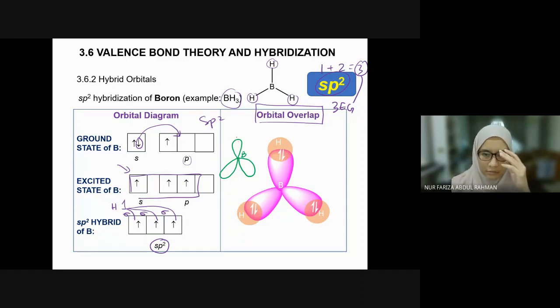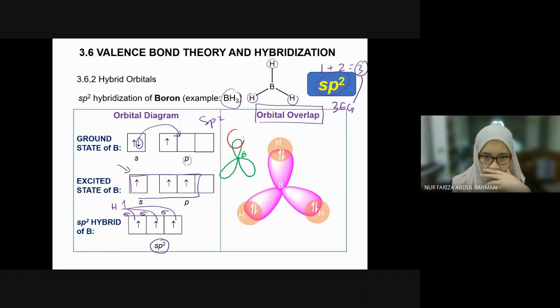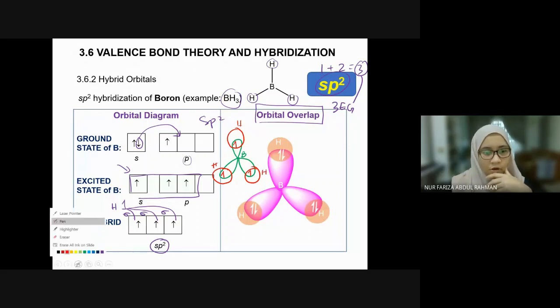So we make it round, and don't forget to add electron. Okay, I'll show another color. So red will be hydrogen. Make sure that you label. It is very important to label your drawing. The green just now comes from boron.